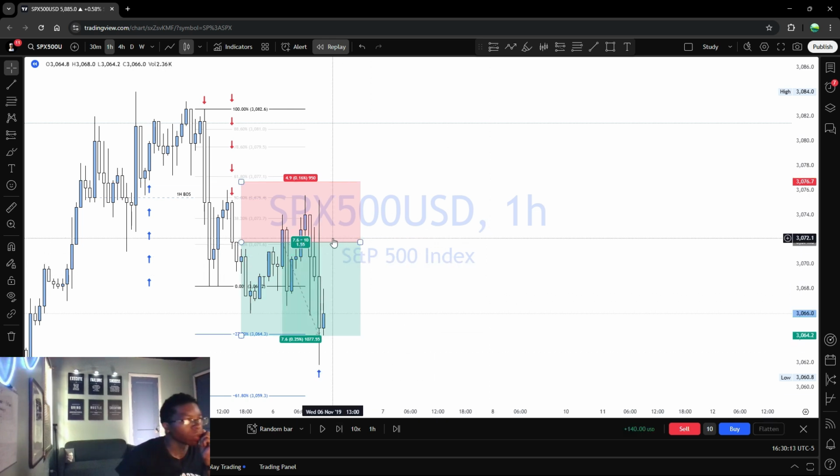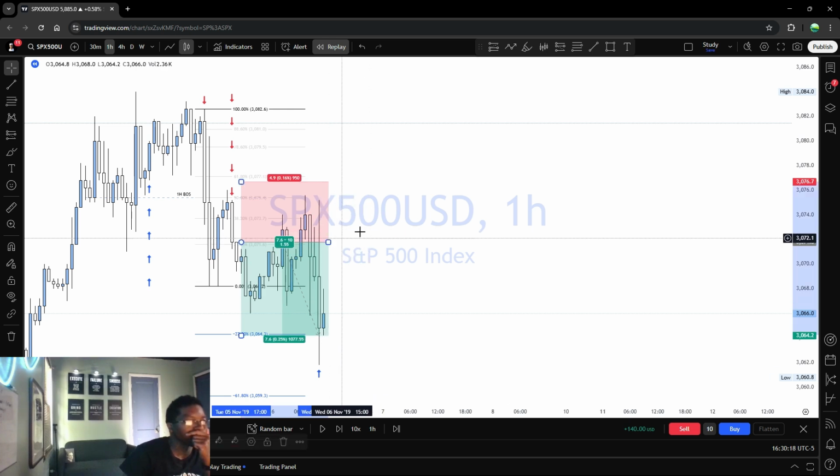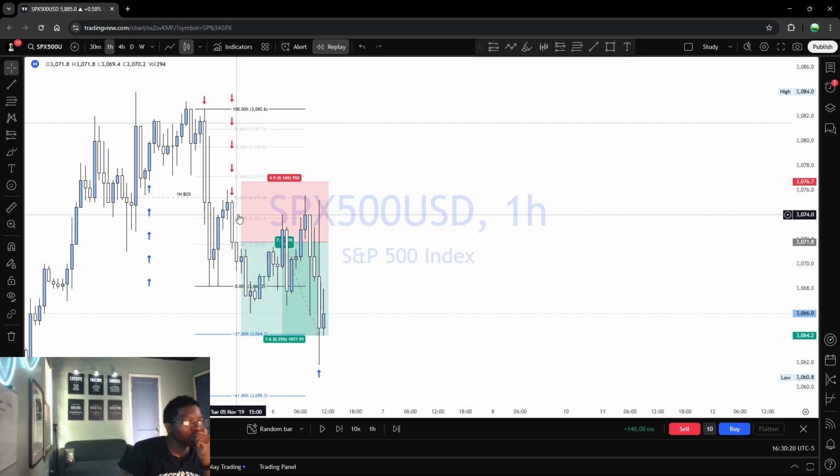Okay, so this is pretty wild. Our prices are just moving like that. It goes down. This is your correction. So this here would have been your break structure point.